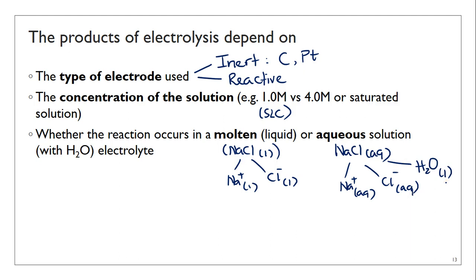I don't think we really consider it as much in galvanic cells, but it's going to create some trouble, and you will see. So if you just mix and match, let's say an inert electrode with SLC condition and molten, there are a lot of cases that you can have out of these three different factors that affect the products of electrolysis.